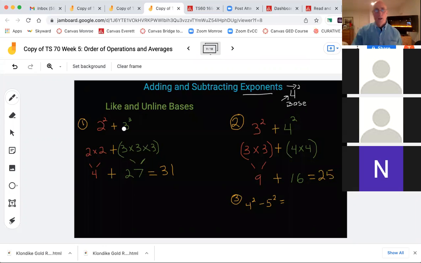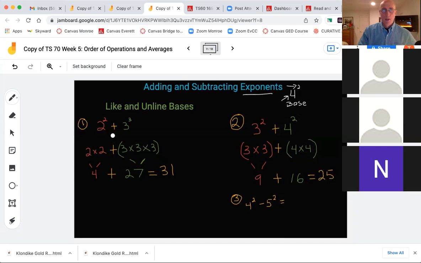So when I have an expression with like and unlike bases, in this example number 1, you could probably guess that our base is not like. If I had 2 squared plus 2 to the 3rd, then our base would be the same, 2's. But in this case, we have 2 different numbers, so our bases are unlike or different.